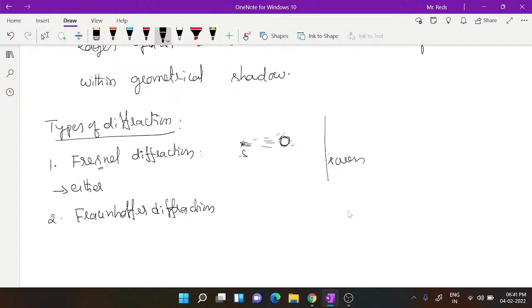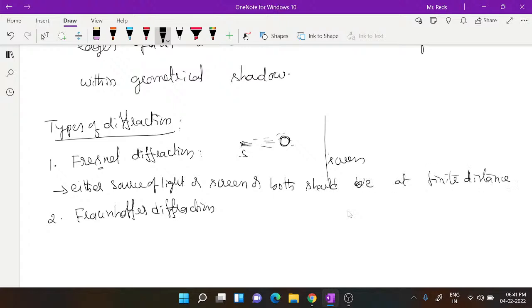So we can say the condition for Fresnel diffraction to be observed is that either the source of light or the screen or both should be at finite distance from the obstacle.